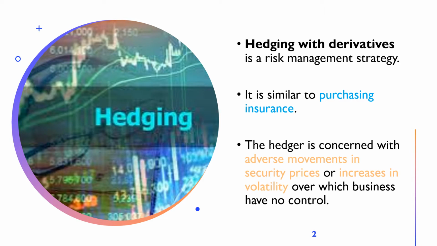This doesn't prevent all negative events from happening. However, if a negative event does happen and you are properly hedged, the impact of the event is reduced. Hedging is performed because the hedger is concerned with adverse movements in security prices or increases in volatility over which business have no control.